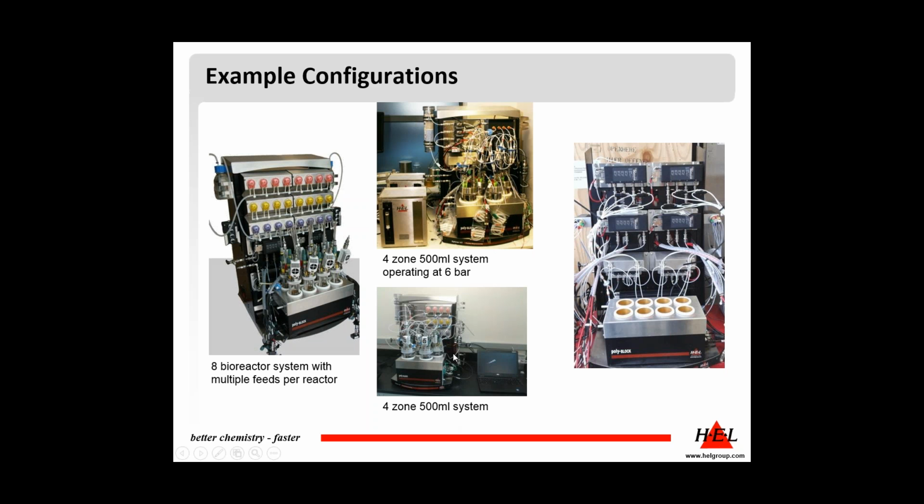Again, we have peristaltic feeds going to each reactor. And then finally we have an 8 reactor system, and this one's operating at 10 bar pressure, and we've got banks of MFCs which are dealing with the gas mixing on the system with mixing reservoirs and so on.